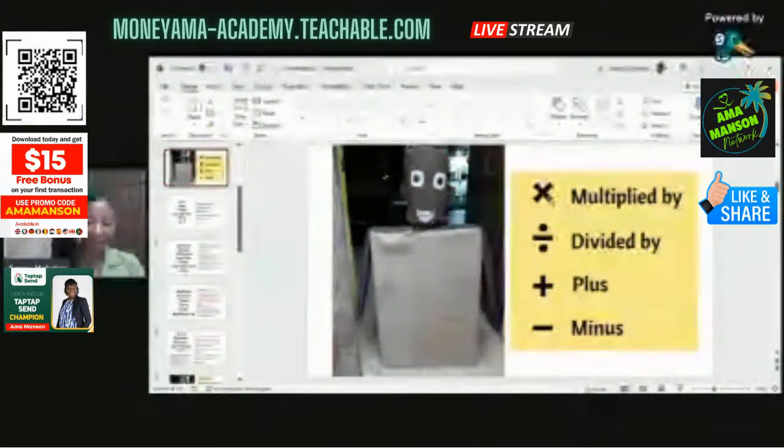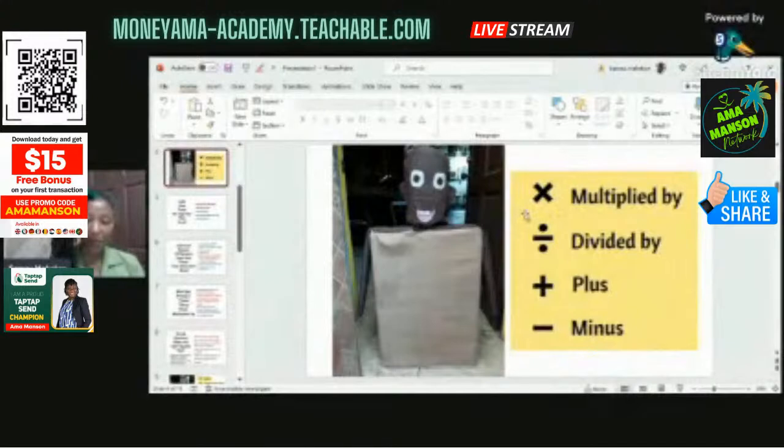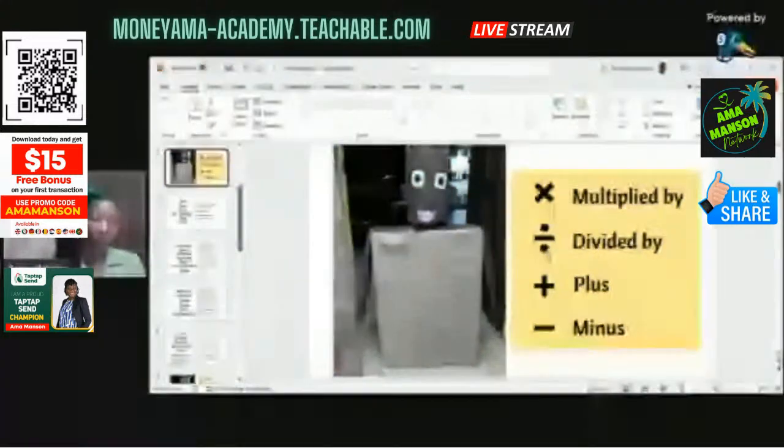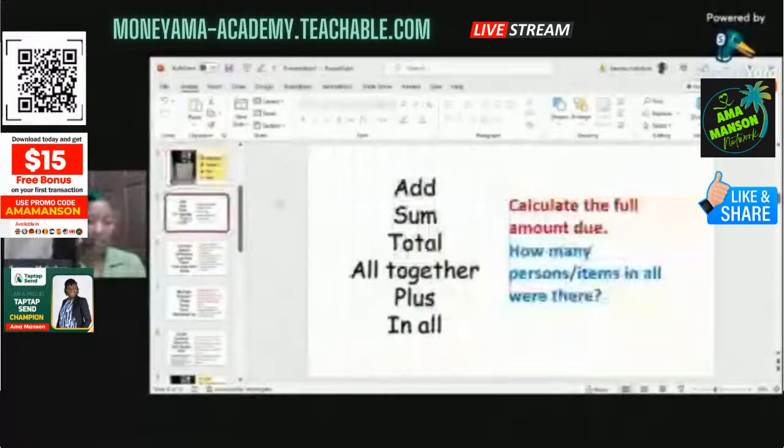The multiplication symbol looks like an X. The division symbol is a horizontal line with 2 dots, one above and one below it. And we're going to go into each one now and talk about when we use these symbols.